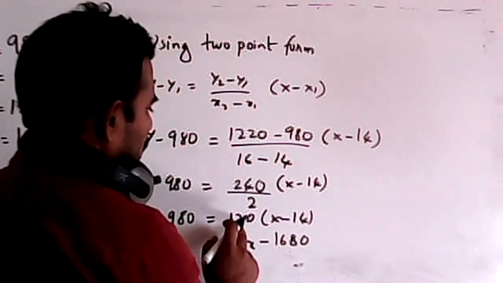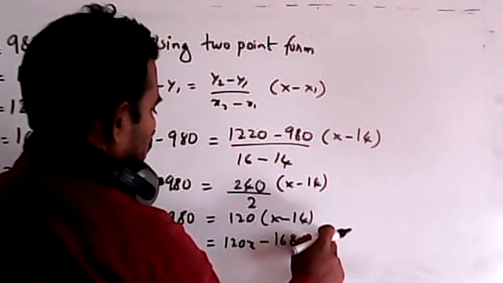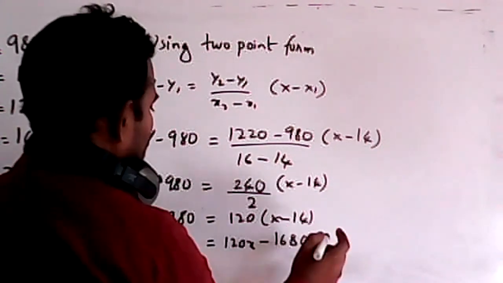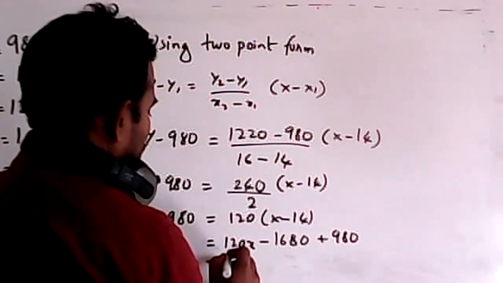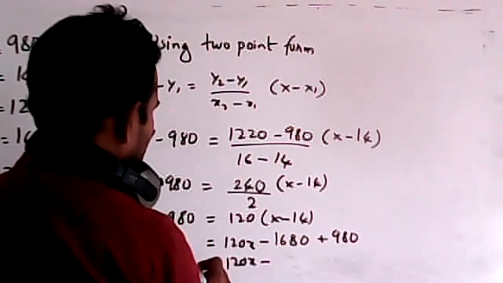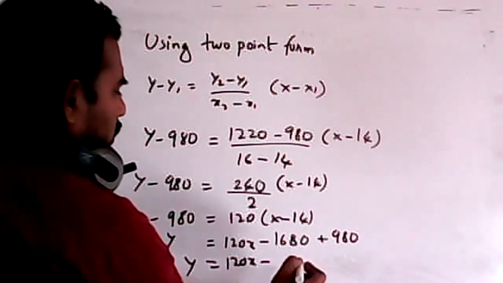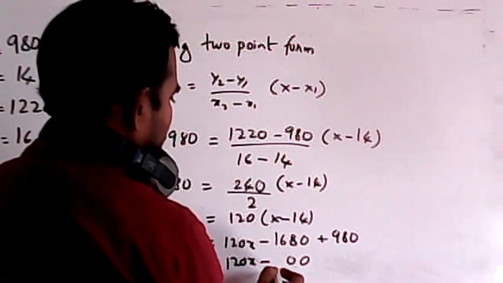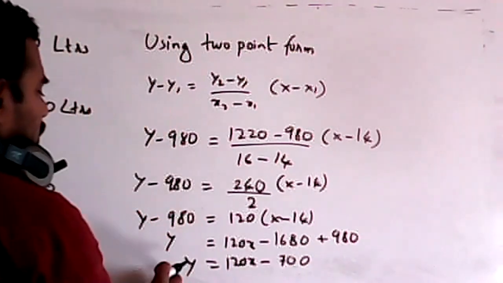12 fours are 48, 4 carries, 12 ones are 12 plus 4, 16. This minus 980 comes here and becomes plus 980. So it is 120x minus 700.